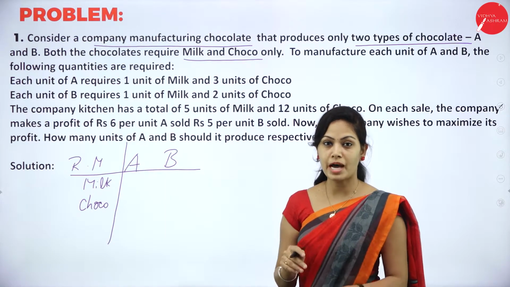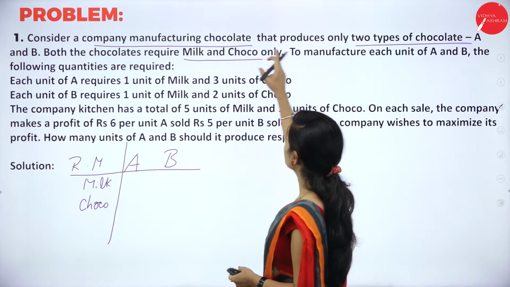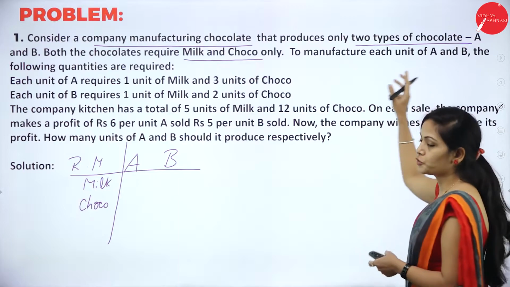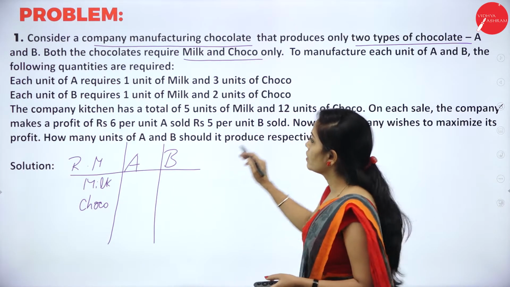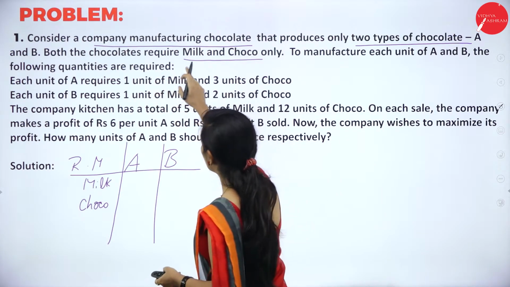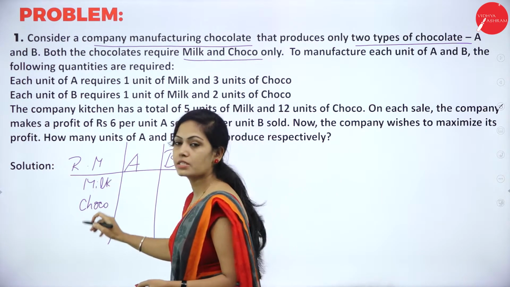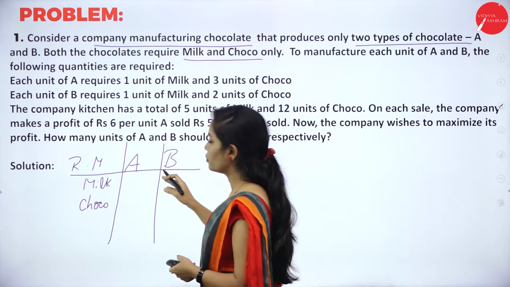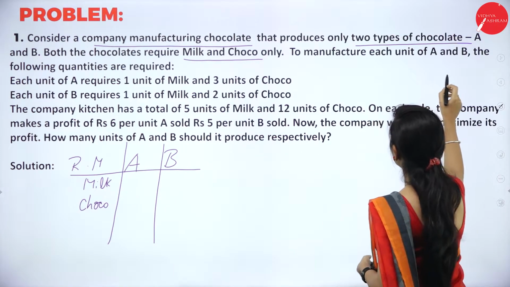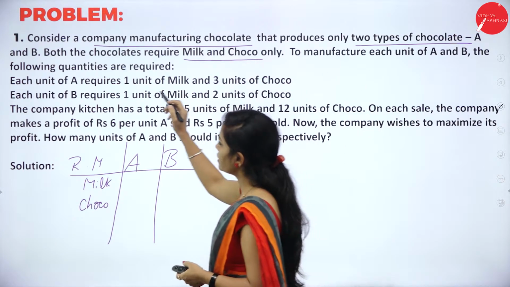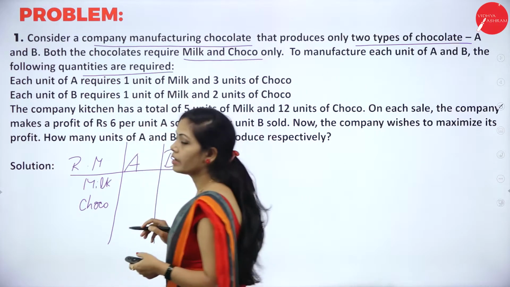A company is manufacturing chocolate that produces only 2 types of chocolate, chocolate A and B, and both chocolates require milk and choco. These are the raw materials for producing chocolate A and chocolate B. To manufacture each unit of A and B, the following quantities are required.